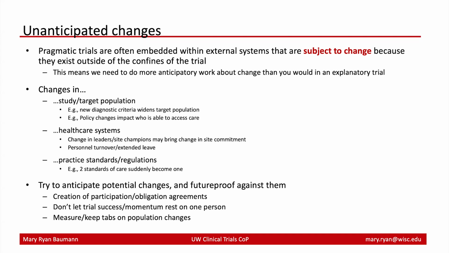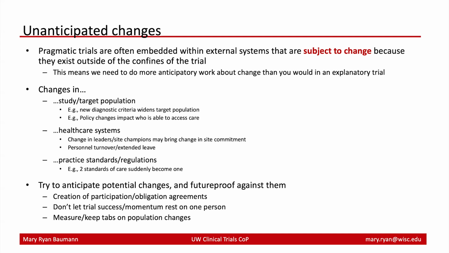You might have unanticipated changes in actual healthcare systems. So you might have changes in leadership or site champions that bring change in site commitment. Or you might have personnel turnover or extended leave. So people can leave positions, people can go on paternity leave or maternity leave.